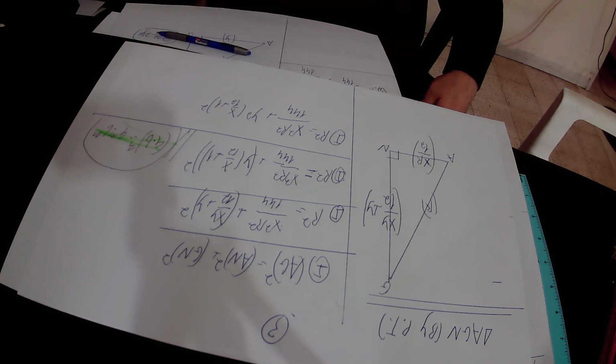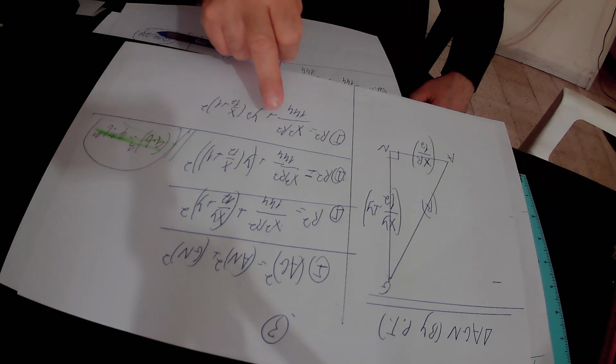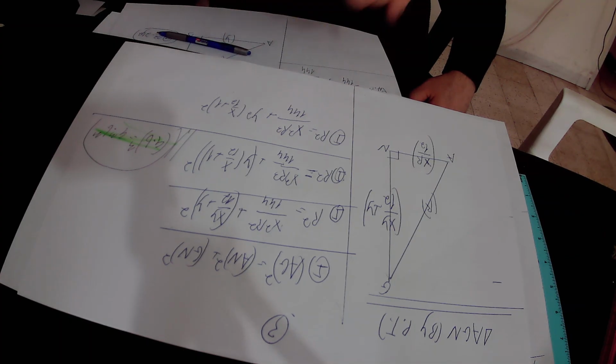And we copy this expression here, x squared times r squared over 144, that is equal to r squared according to equation 1.